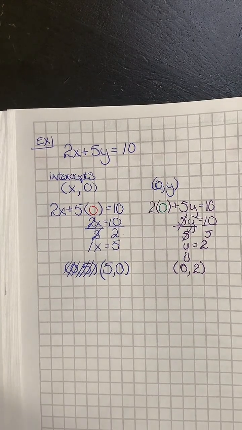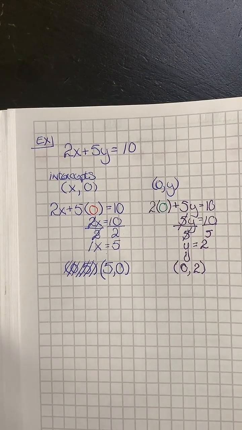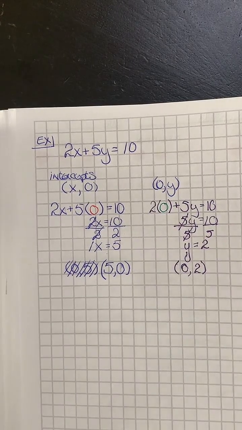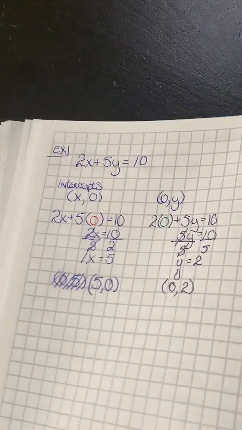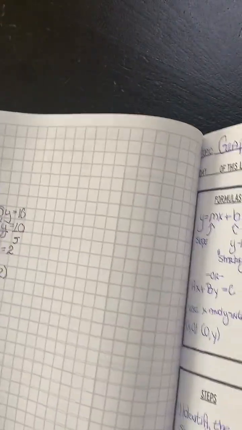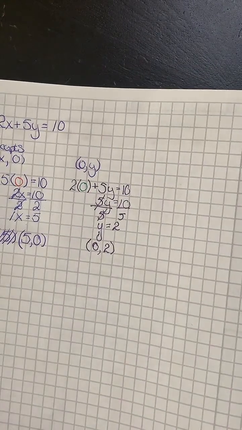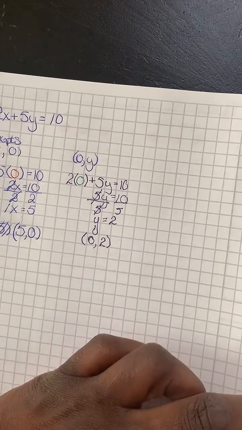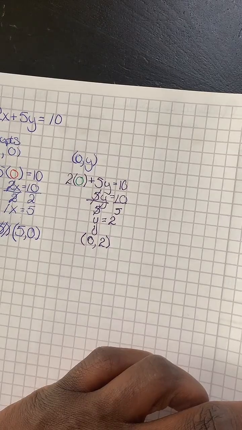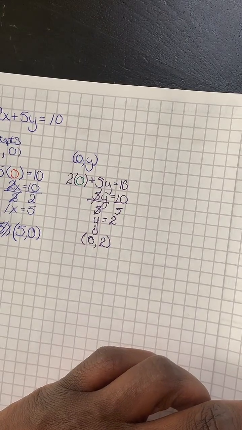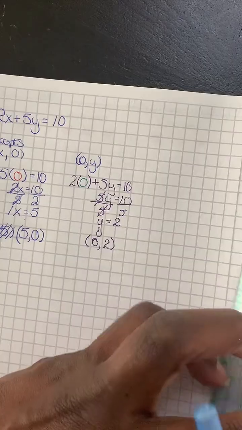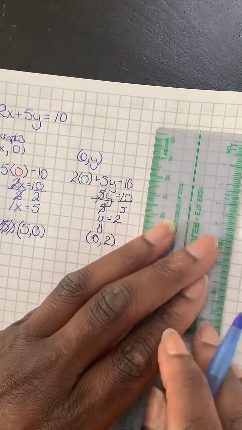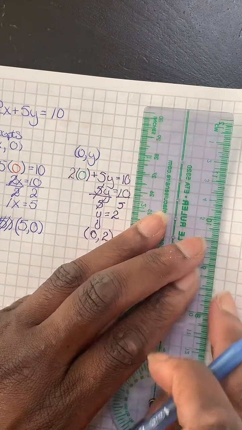Okay. So now we have our 2 points. You're probably saying, well, shouldn't we have more than 2? You can have more than 2. That's perfectly fine. But we don't really need that many. If it's in standard form, you can just find the intercepts.